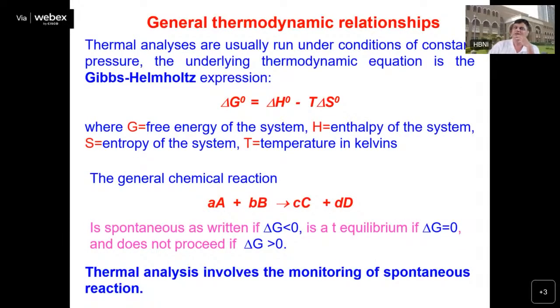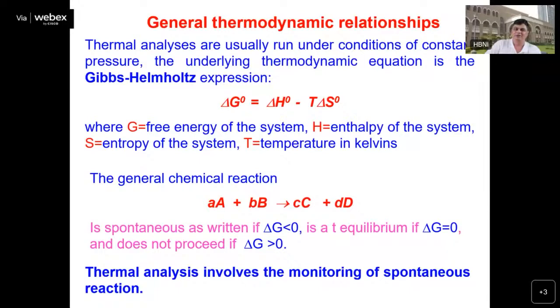Then it's based on a general thermodynamic relationship. Thermal analyses are usually run under conditions of constant pressure, and the underlying thermodynamic equation is the Gibbs-Helmholtz expression, that is delta G equals delta H minus T delta S, where G is the free energy of the system, H is the enthalpy of the system, S is the entropy, and T is the temperature in Kelvin.